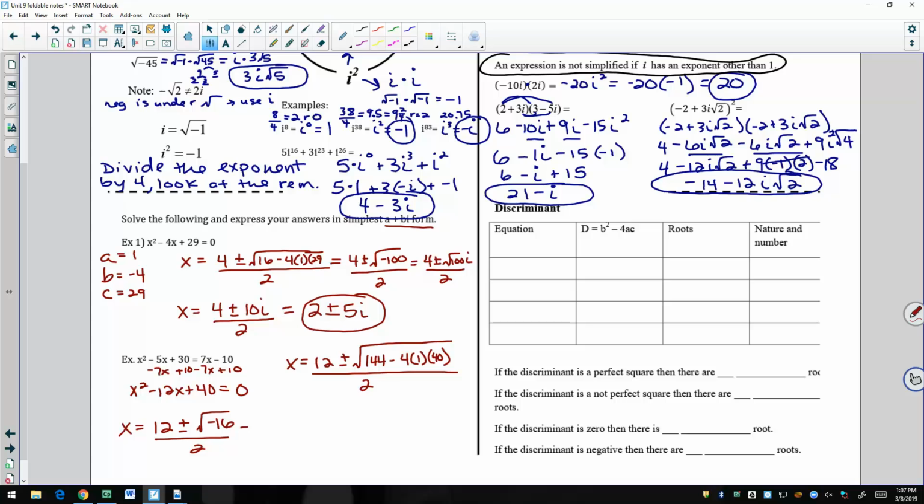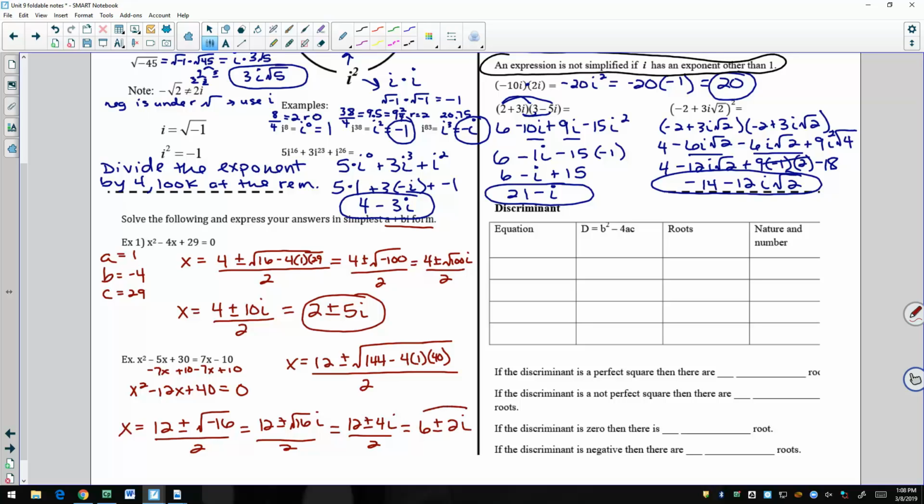Well, as soon as I see the negative under the radical, I'm going to rewrite it as a positive with an i outside to denote that that was originally a negative under the radical. The square root of 16 now is 4, so that's 12 plus or minus 4i all over 2. Divide everything on the top by 2, so my final answer is 6 plus or minus 2i.